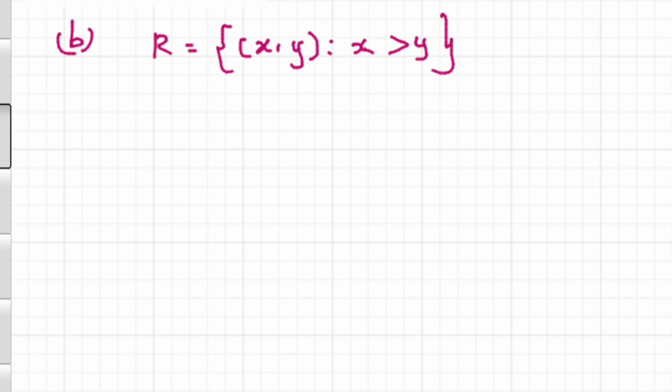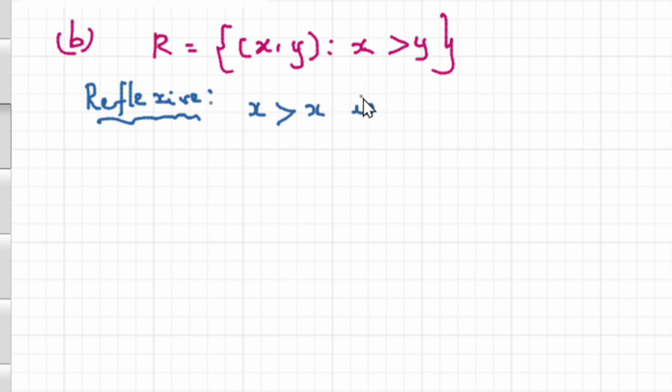First of all, we take reflexive. A particular element x cannot be greater than x, isn't it? So x greater than x is not true, it is false. Both are the same. Therefore R is not reflexive.